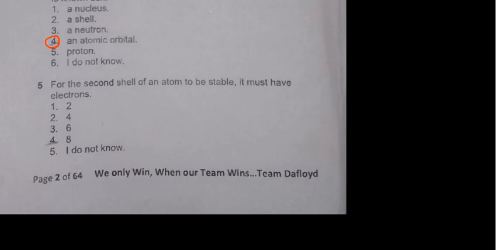We have 2s, which needs 2 electrons. Then we have 2p, which needs 6 electrons, since we have 3 p orbitals. So 2 plus 6 gives us 8. So 4 is the correct answer for this one here, 8 electrons. Let's go to question 6.